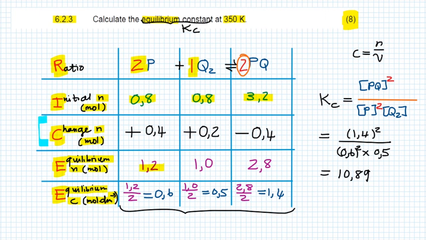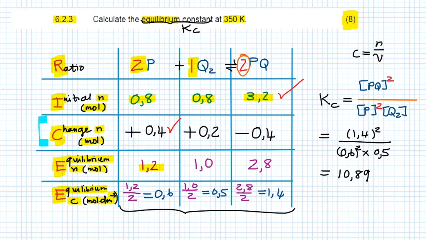For a question like this, you're going to get, firstly, 1 mark for including in your rice table the initial number of moles that were given to you. You're then going to get 1 mark for working out the change in P, which is 0,4.